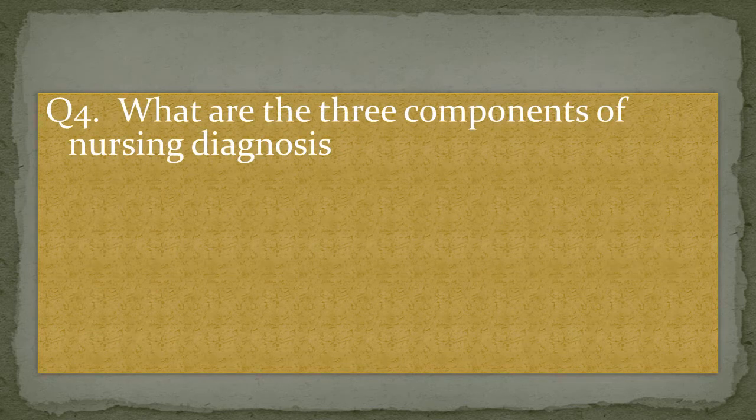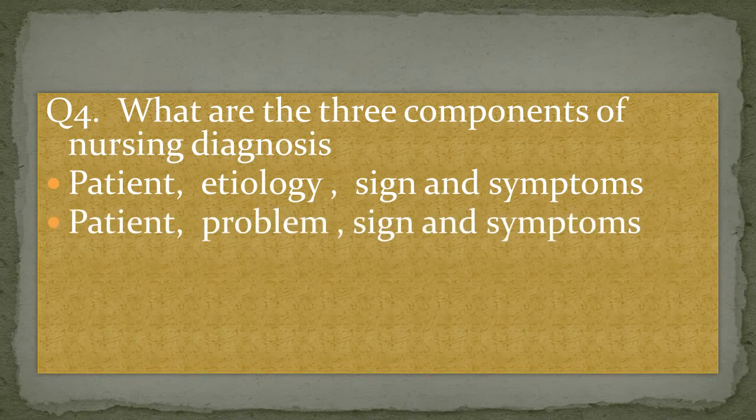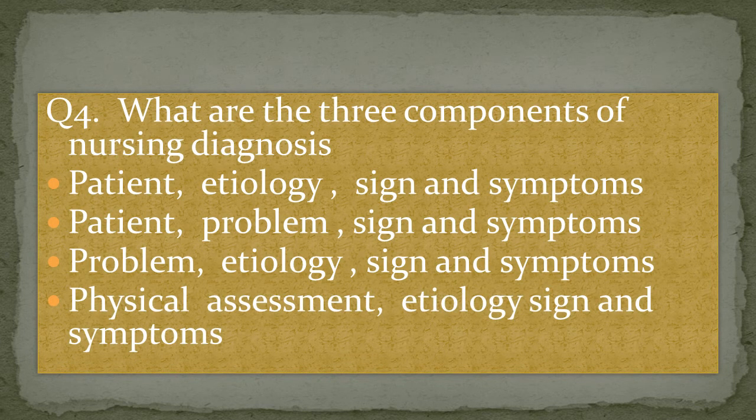Question number 4. What are the three components of nursing diagnosis? Option A, patient etiology, signs and symptoms. Option B, patient problem, signs and symptoms. Option C, problem, etiology, signs and symptoms. Option D, physical assessment, etiology, signs and symptoms.